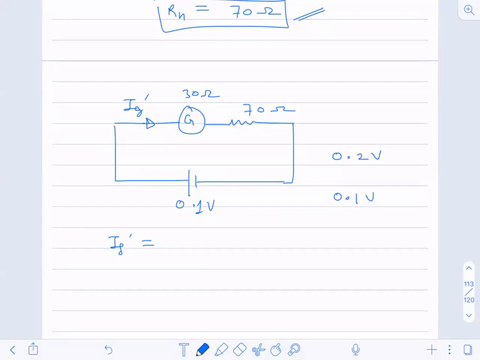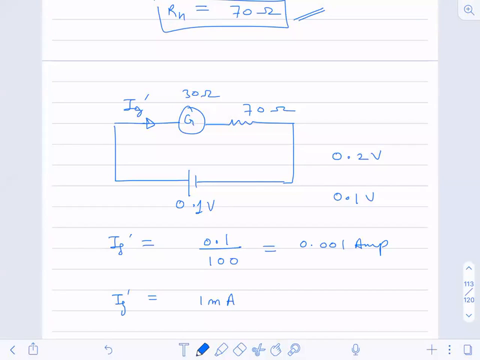Now I want the value of Ig dash from you. So are you getting it as 0.1 divided by 100? So what you are getting? 0.001 ampere. So can I write it as 1 milliampere?